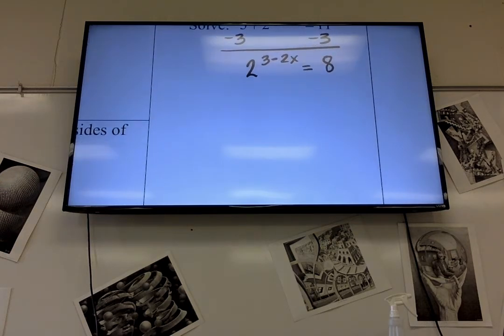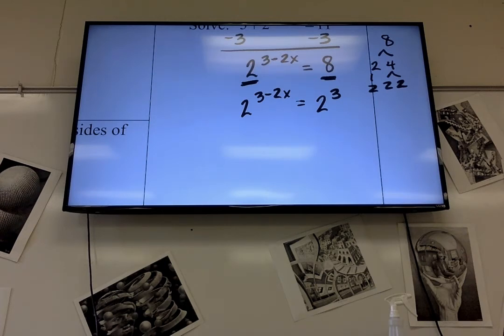Then, this is something we've already done. We have a 2. I need to see if I can rewrite this involving 2's. So 8, I can break down into how many 2's? 3 of them, that's right. So 2 to the 3 minus 2x equals 2 to the 3rd.